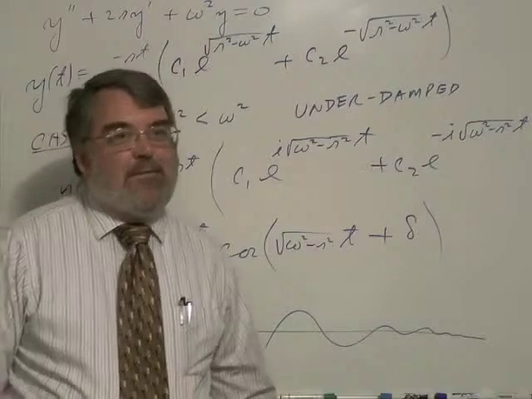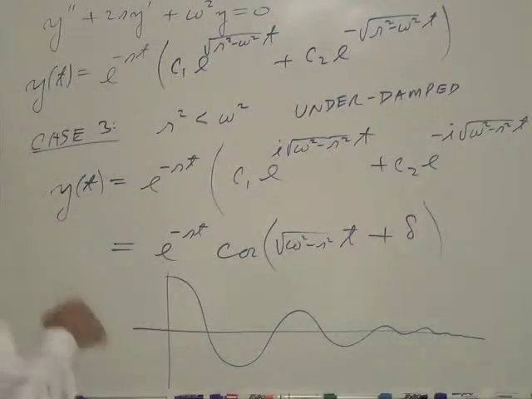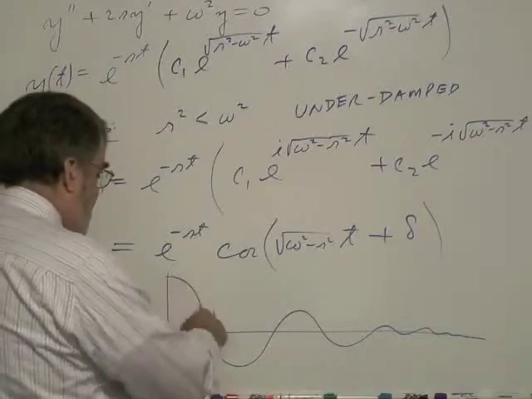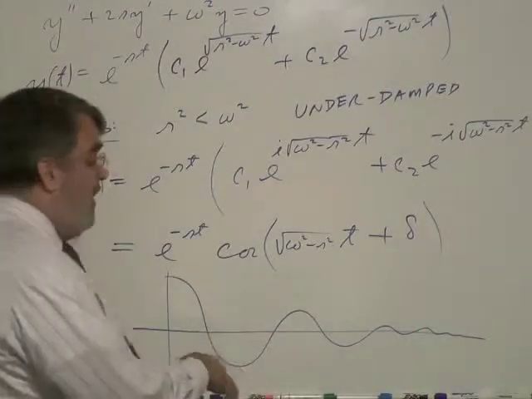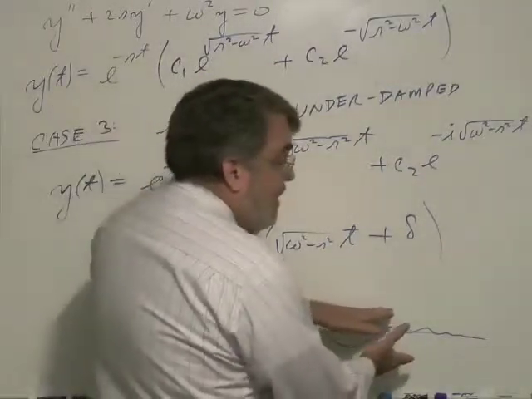There's probably a name for this graph. If I knew it, I've lost it. But it's the underdamped harmonic oscillation situation. And we have basically either a sine or a cosine wave jumping up and down, but the amplitudes are constantly decreasing.